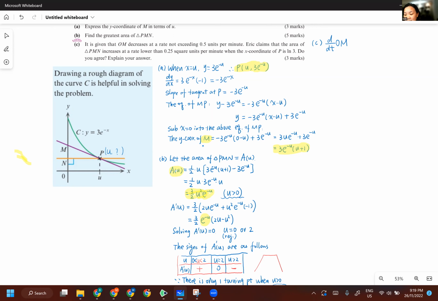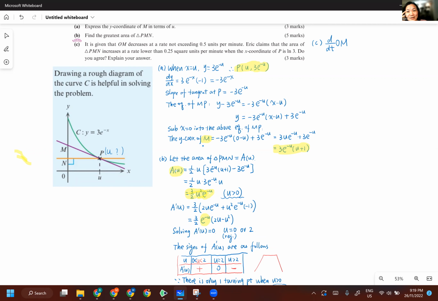Not exceeding 0.5, decreases. So decreases, not exceeding, meaning the rate is not very negative.